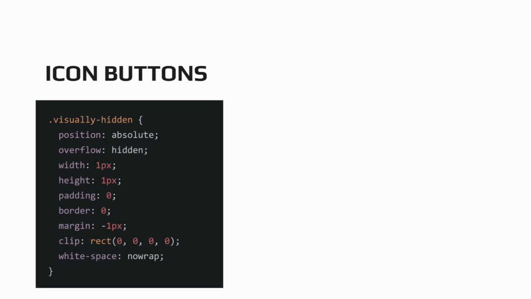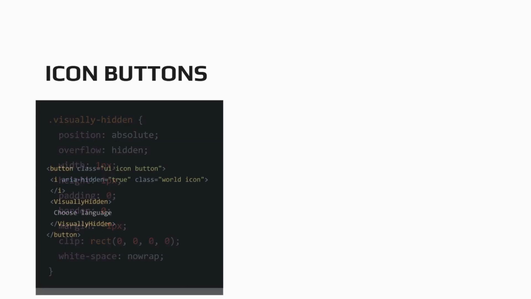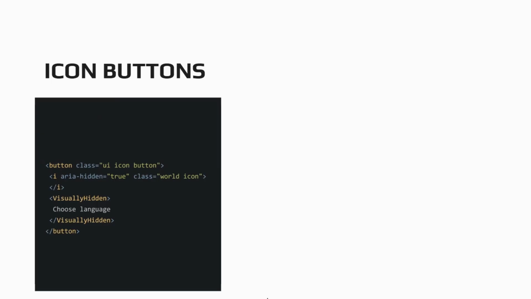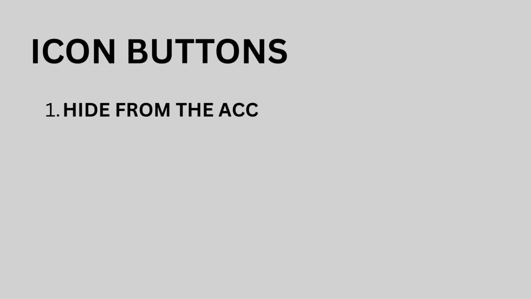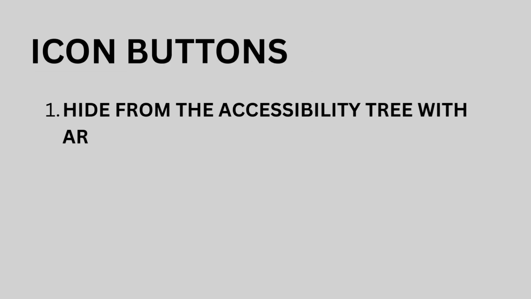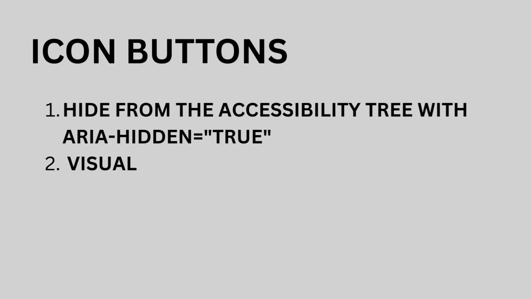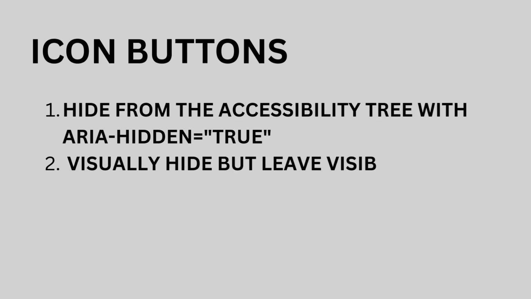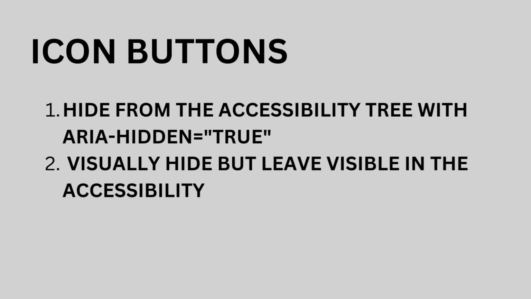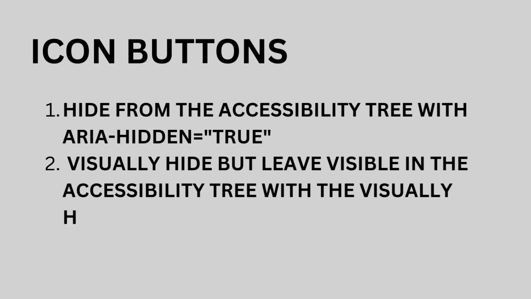And because we all love reusable components, we can create a visually hidden component, and we just can use it as a wrapper to our other texts that we don't want to show in UI, but we need them for screen readers. So to sum up what we learned, if you want to hide something from the accessibility tree, you use aria-hidden.